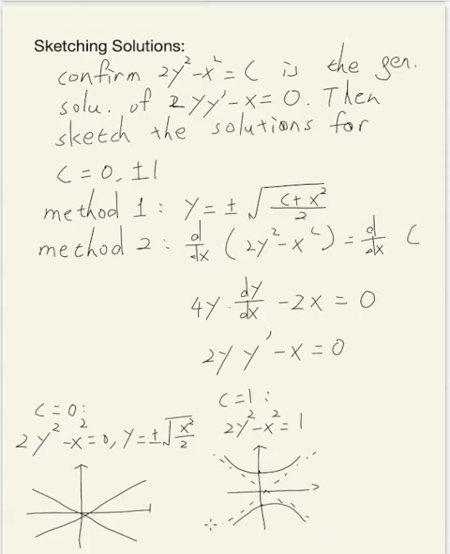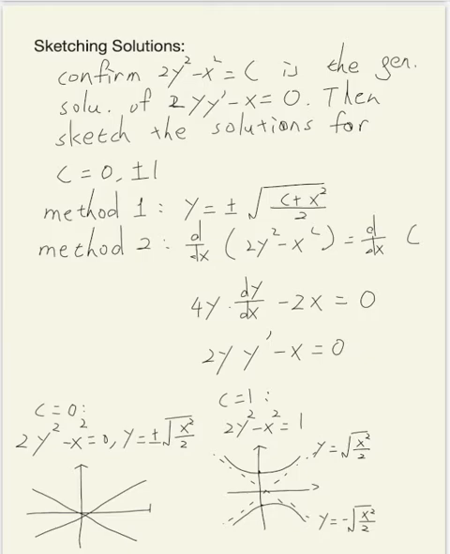And to figure out the asymptotic axis, all you have to do is let x go to infinity. Well, if x goes to infinity, then 1 is relatively small. Then you have 2y squared approximately equals x squared, right? So you get y equals square root of x squared over 2. So this is this one, and this one would be y equals minus square root of x squared over 2.